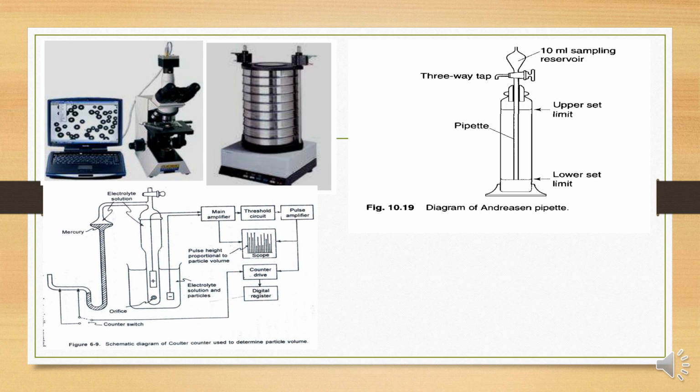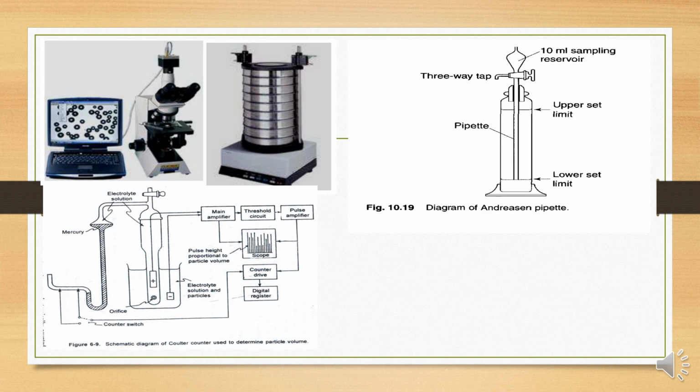Finally, this voltage pulse is amplified and fed into the pulse height analyzer, and we determine the particle size. With this apparatus, we can measure 4000 particles per second, perform size distribution analysis, and get accurate results. So these are the advantages.